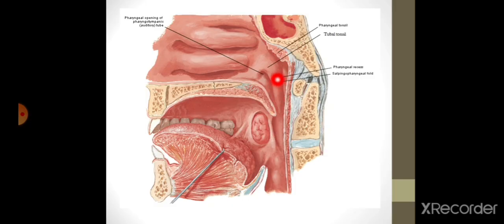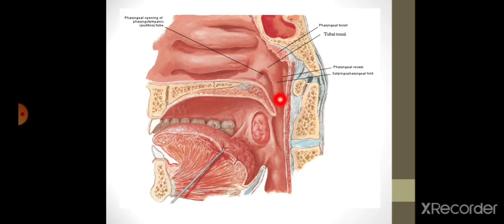Posterior to the Eustachian tube, or pharyngeal auditory tube, there is another elevation formed by the salpingopharyngeal fold. This salpingopharyngeal fold is formed by an underlying muscle. So there is a muscle here known as salpingopharyngeus muscle.